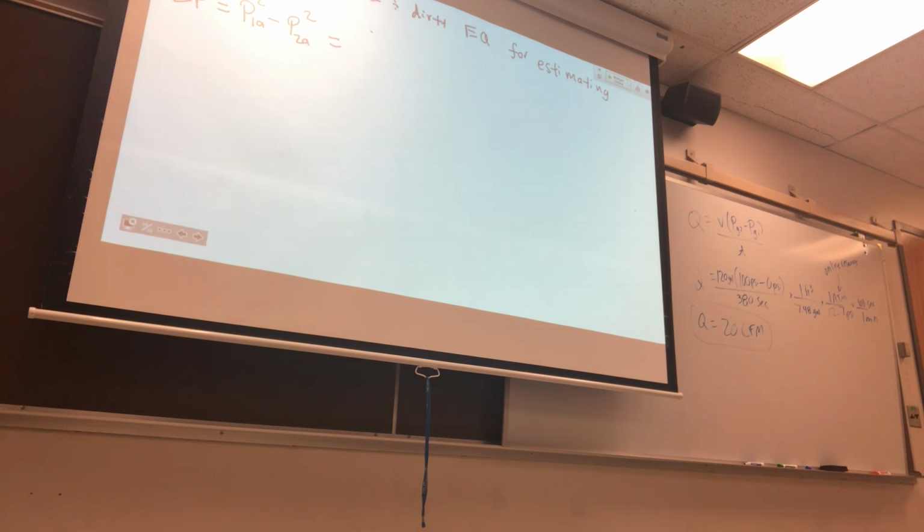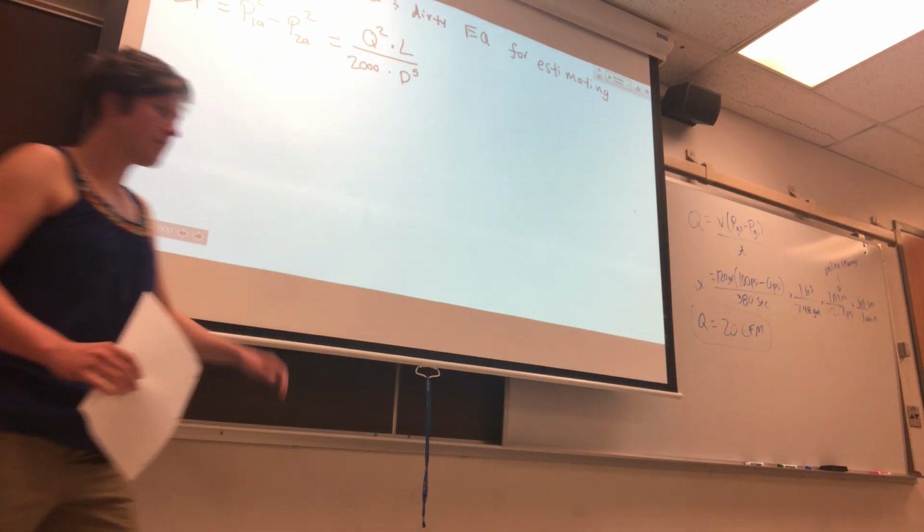And that is our Q squared, or the quantity of free air we're using, times the length, over 2,000 times the diameter to the fifth.